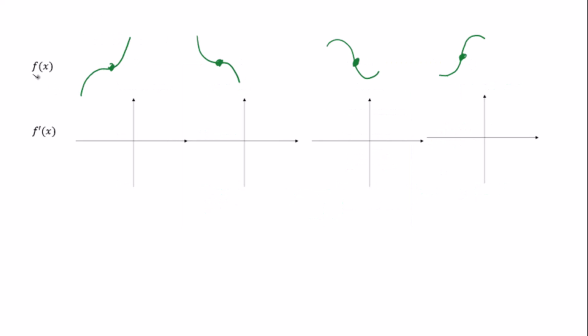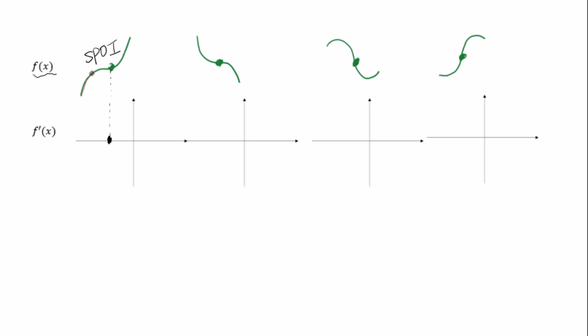This is the graph for f of x. Then we will sketch the corresponding graph of f prime of x. We know this is the stationary point of inflection, so for f prime, it will be 0.